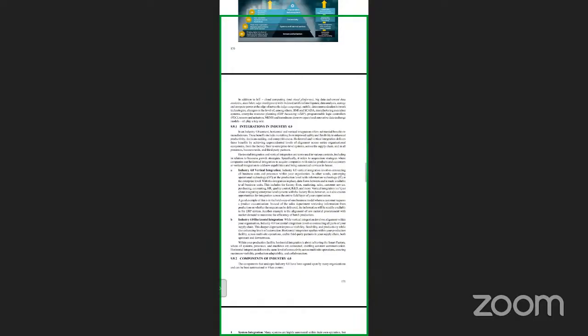Next, Industry 4.0 horizontal integration. While vertical integration involves alignment within your organization, horizontal integration involves connecting all parts of your supply chain.